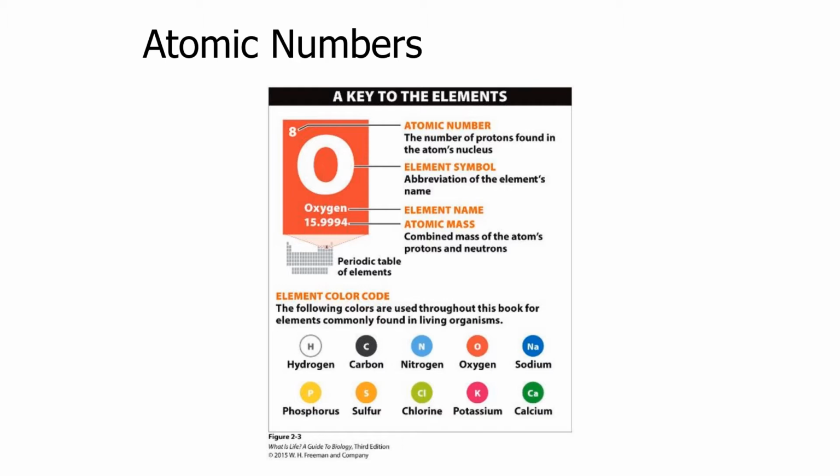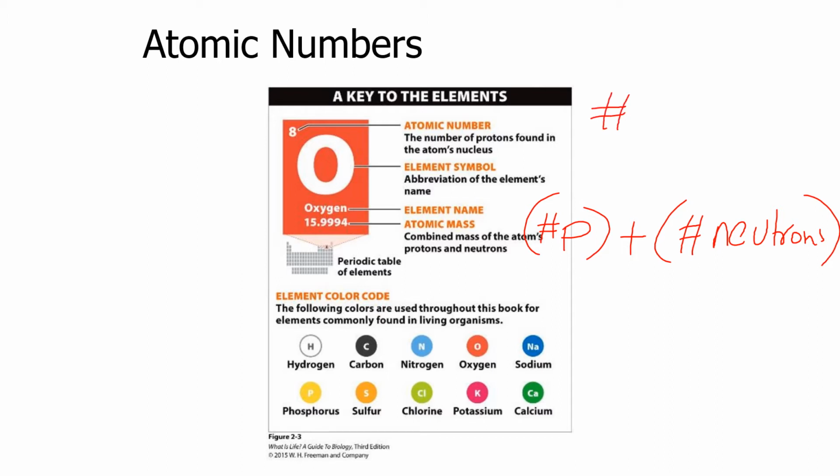So one more time, the atomic mass is the number of protons added to the number of neutrons. P is for protons, and we know that the atomic number is the number of protons, which is also equal to the number of electrons.